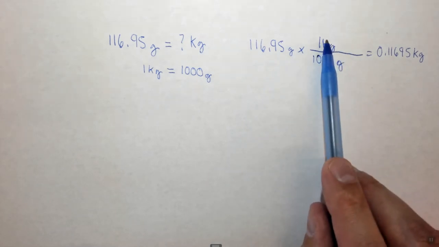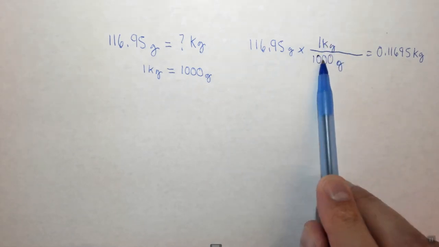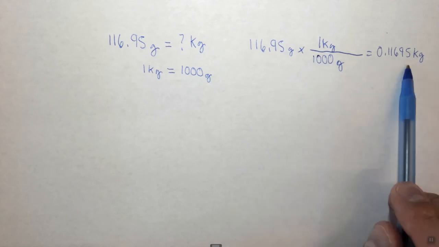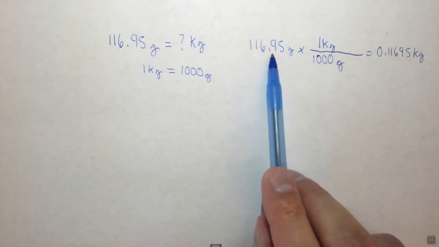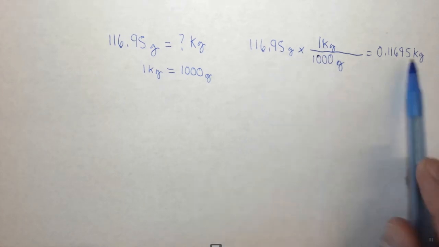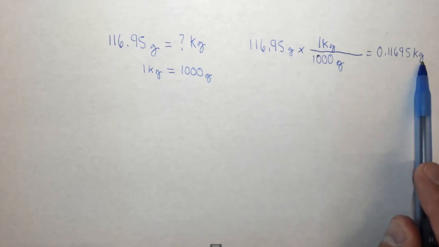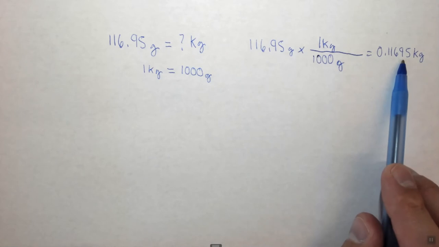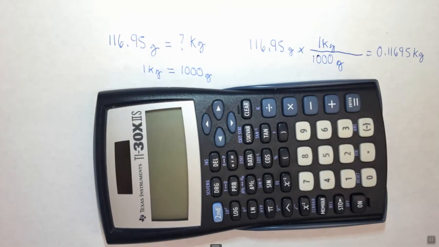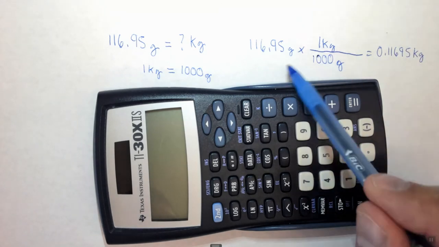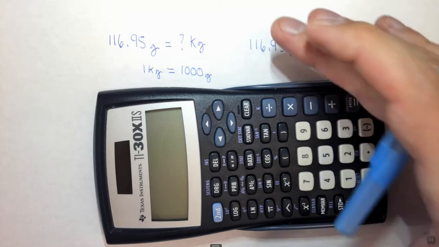Again, it's 1 because you have one equal thing over another equal thing. This times 1 is itself. So the number has changed, right? This is 116.95 grams. This is 0.11695 kilograms. They're different numbers, but the magnitude is the same. Said another way, they both express the mass of this calculator, just in different units. So these two things are exactly equal to each other.